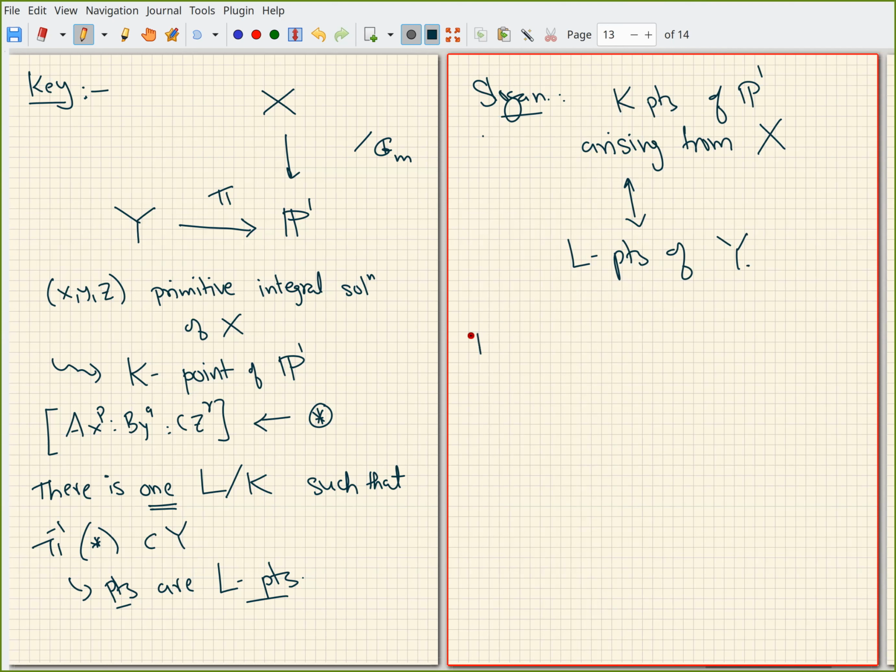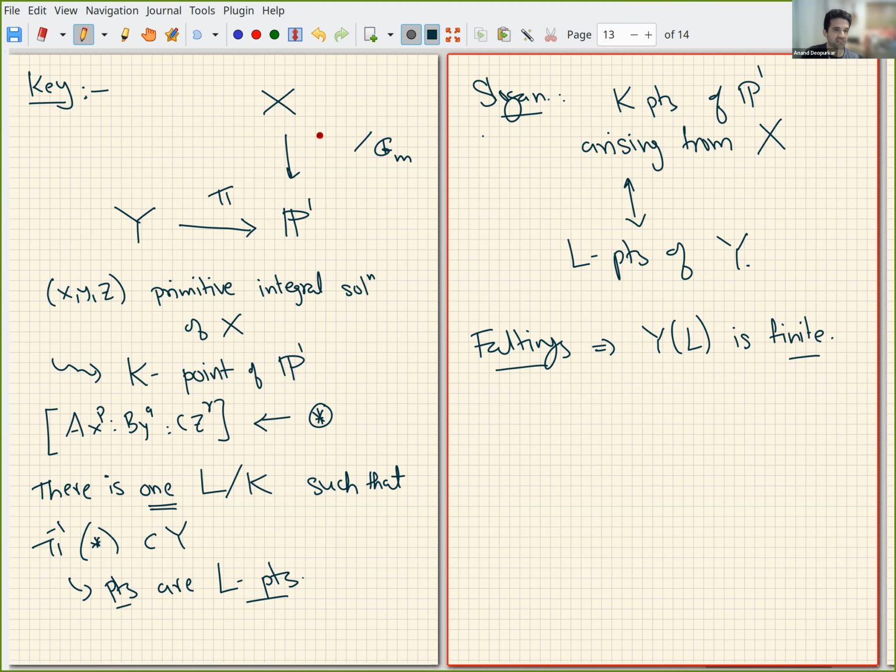And now you use Faltings. Faltings implies that Y of L is finite, because Y is a higher genus curve and L is a fixed field, a fixed extension of Q. So the K points of P1 that arise from X by this map are finitely many.